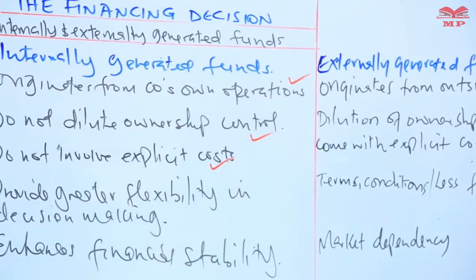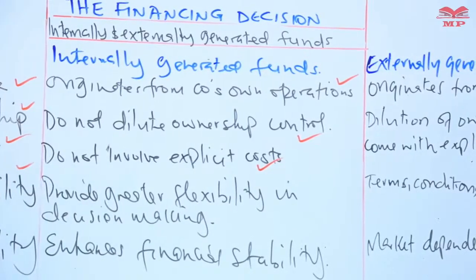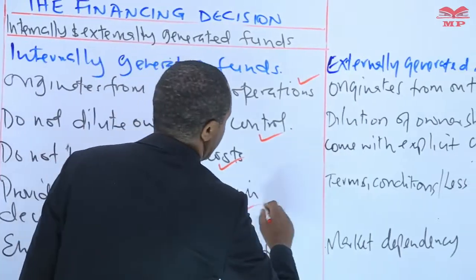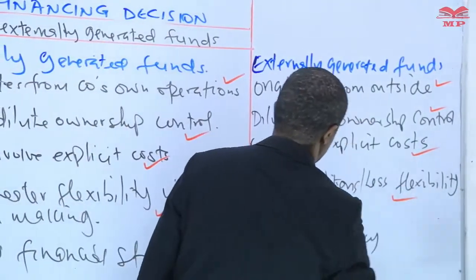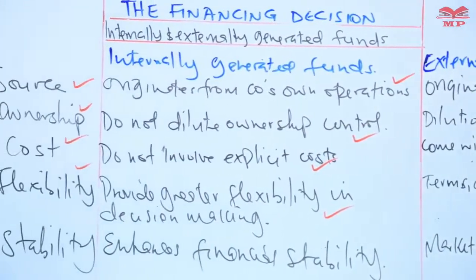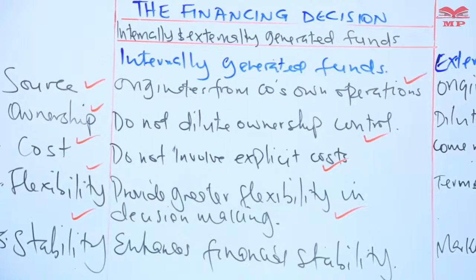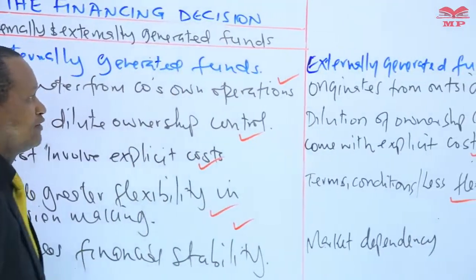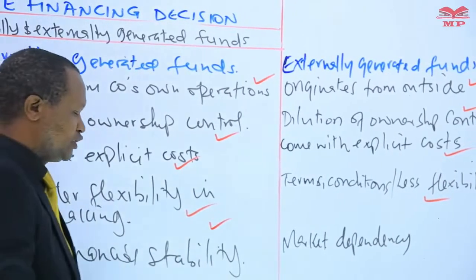The fourth distinction is based on flexibility. Internally generated funds provide greater flexibility in decision making, but there are constraints when it comes to externally generated funds. Then lastly, the distinction is based on stability. Internally generated funds enhance financial stability, whereas externally generated funds depend on market conditions.